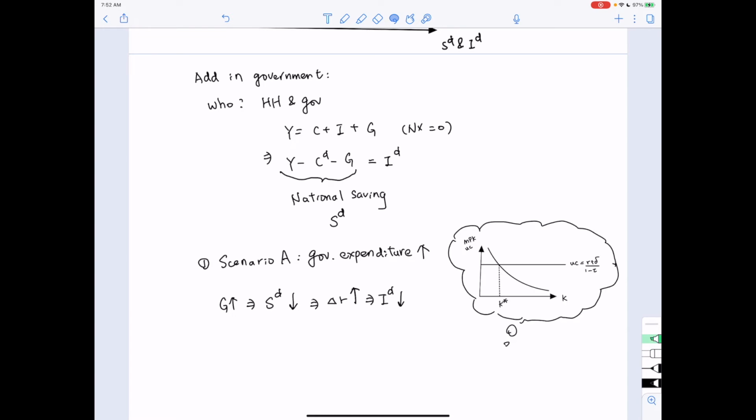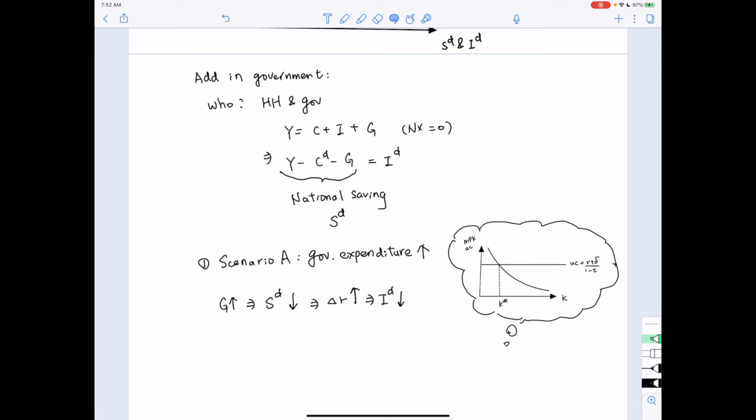Let's recall what we learned in the diagram for finding the optimal level of the capital stock. Here, the vertical axis represents the marginal product of capital and the user cost, and the horizontal axis is the level of the capital stock. To find the optimal level of K, the marginal product of capital equals the user cost of capital.